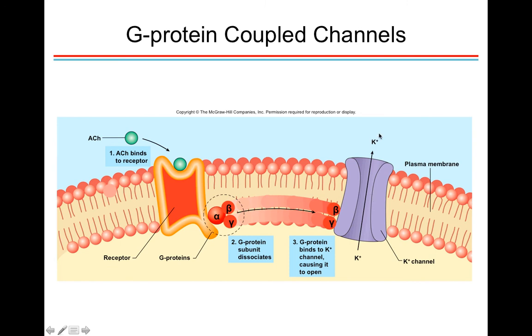This is going to cause a hyperpolarization, a more negative membrane potential. The resting membrane potential is negative 70, so it'll be more negative, and that means it's less likely that this nerve will fire an action potential. We call this an inhibitory postsynaptic potential.